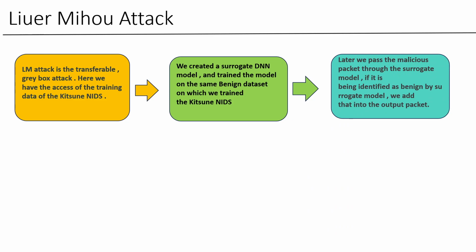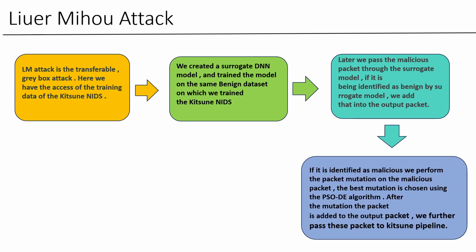Later, we pass the malicious packet through the surrogate model, and if it is identified as benign by the surrogate model, we add that into the output packet. If it is identified as malicious, we perform packet mutation on the malicious packet. The best mutation is chosen using the PSO-DA algorithm. After the mutation, the packet is added to the output packet, and we further pass this packet to the Kitsune pipeline.